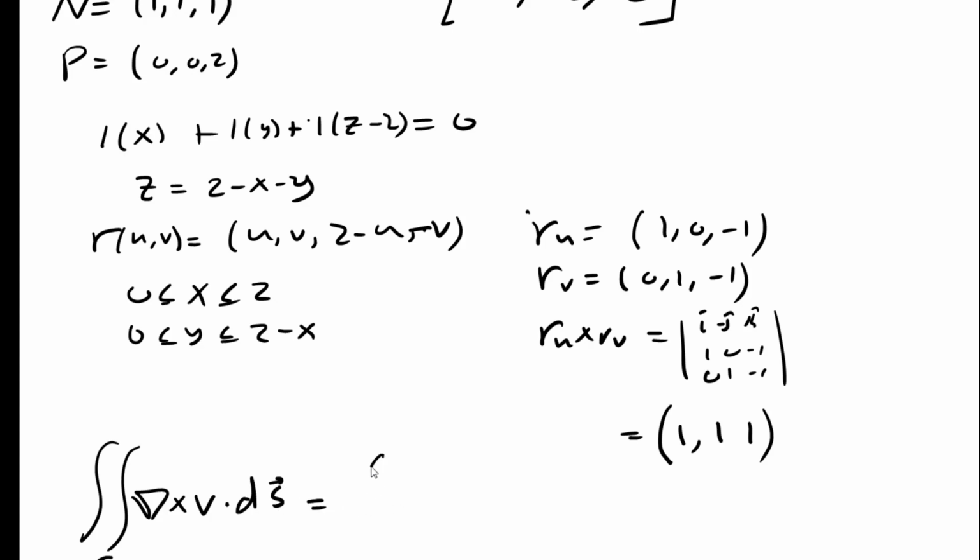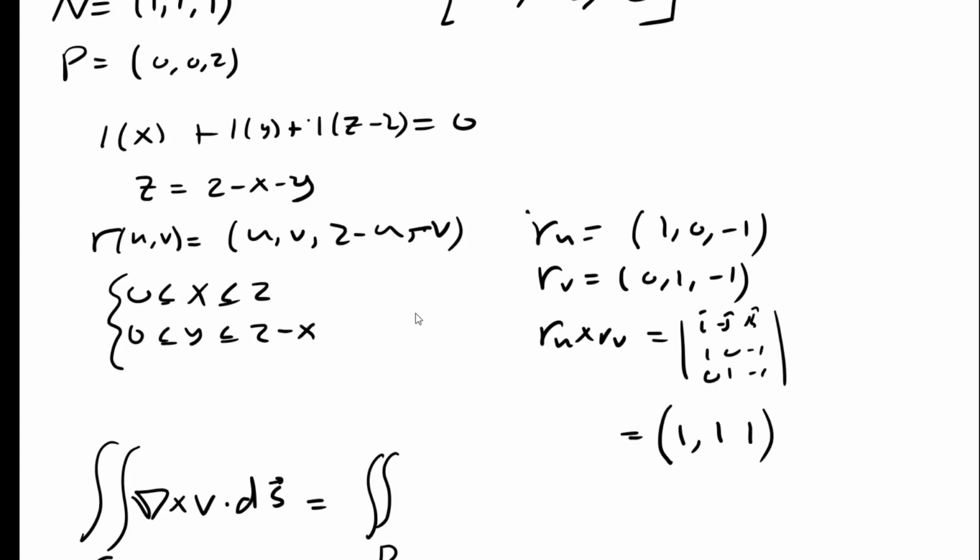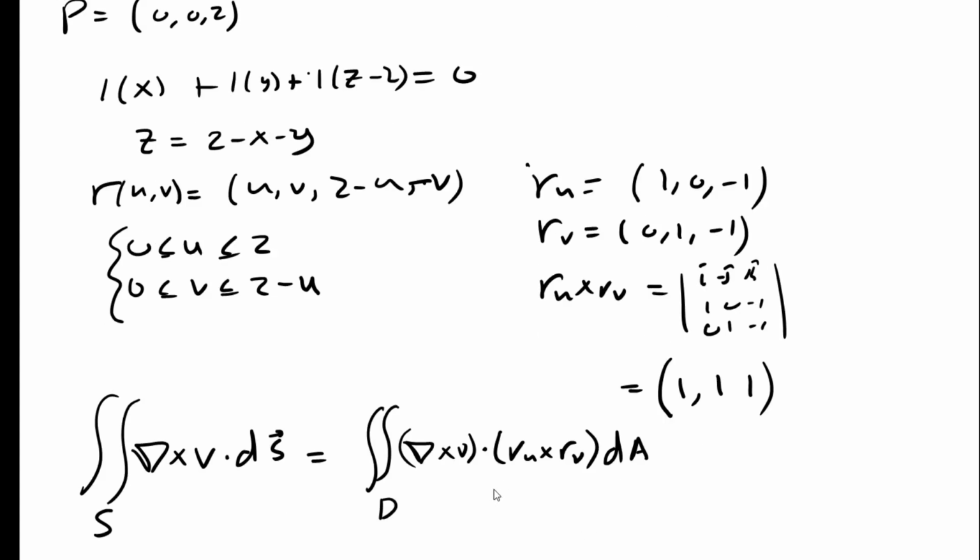This is the same as the integral over D, which is this region here, the u and v, sorry, this should be u and v. Curl V dot r_u cross r_v dA. All right, so that means du dv.